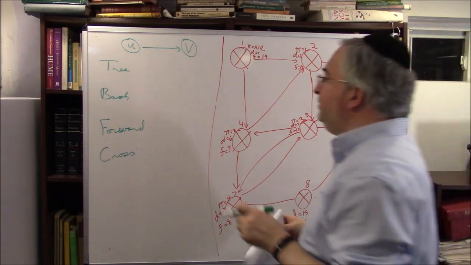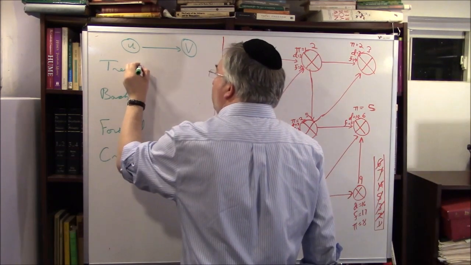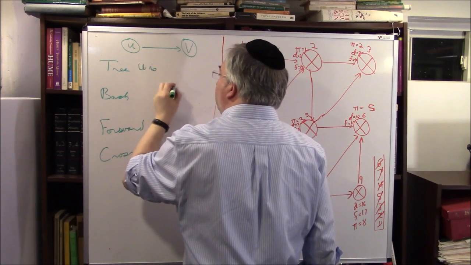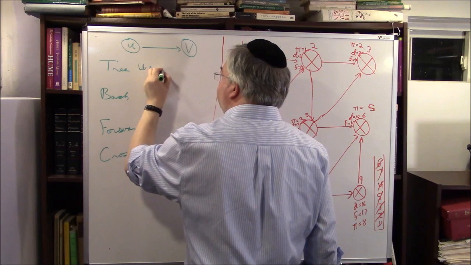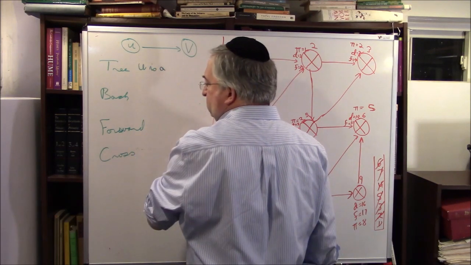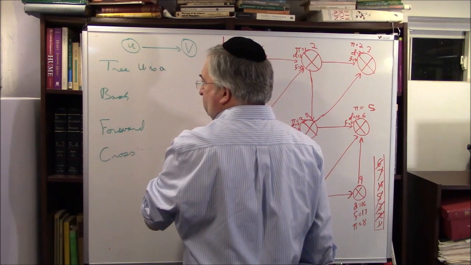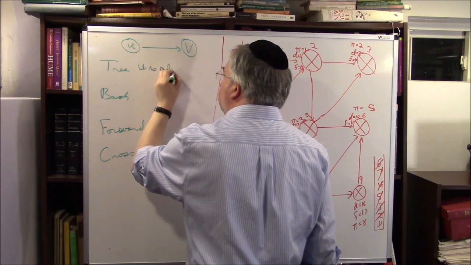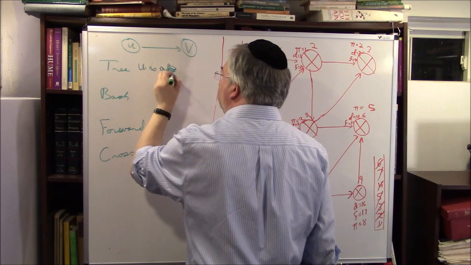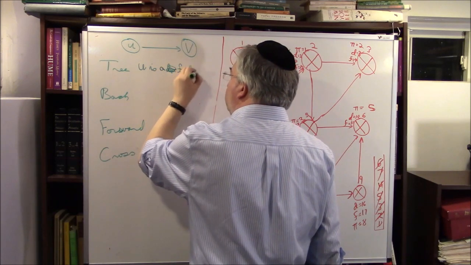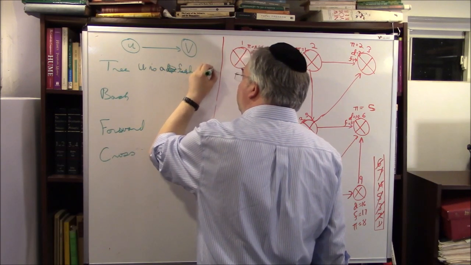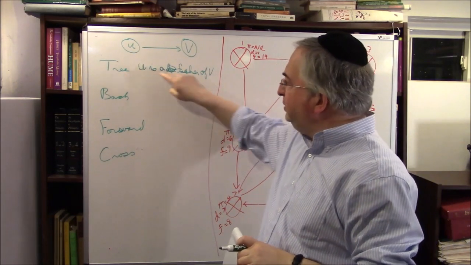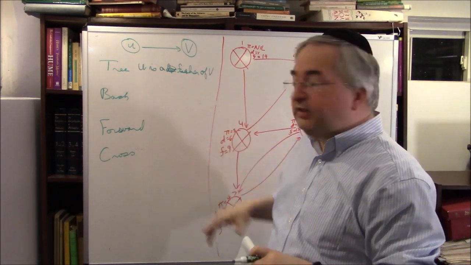Let me just tell you here. Here, U is a father of V. If it's in the tree, that means U is a father of V. I'll fill this in in a second.